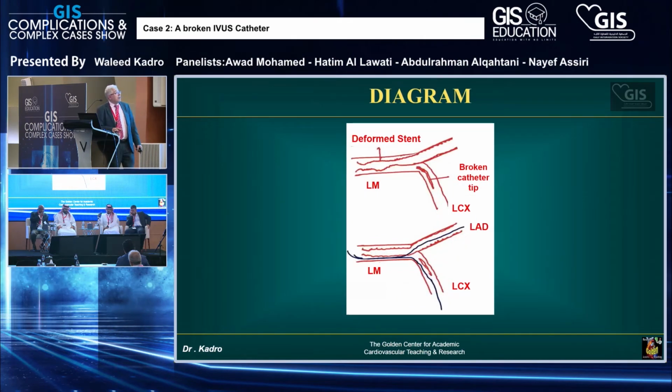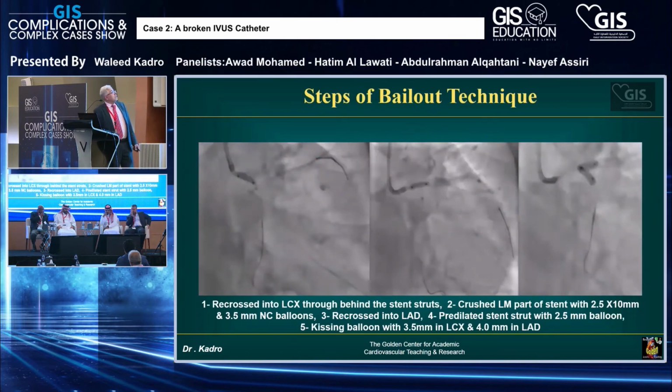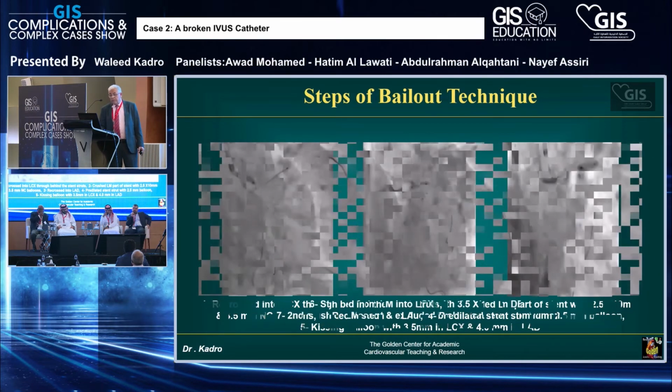This is a diagram, and I hope that everybody can understand it. So we went to the circumflex behind the stent and dilated the area and crushed the stent, and then dilated through the crushed stent, went to the LAD and did kissing.